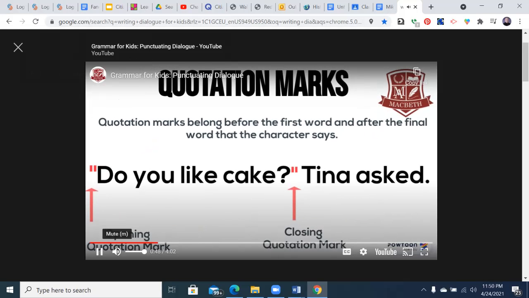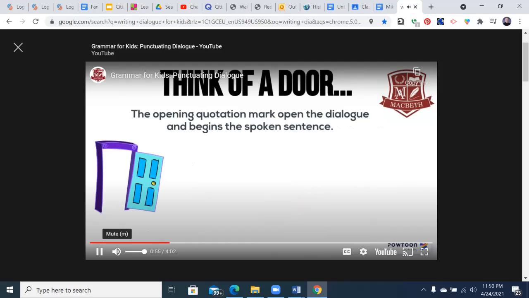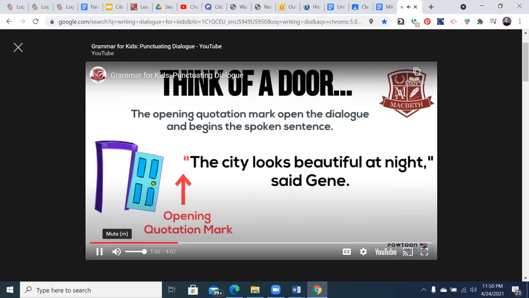In a dialogue, quotation marks belong before the first word and after the final word that the character says. When you think of quotation marks, think of a door that opens and closes. The opening quotation mark opens the dialogue and begins the spoken sentence. In the sentence below, "The city looks beautiful at night," said Jean, the opening quotation mark goes before the word "the," since "the" is the first word of the spoken sentence.